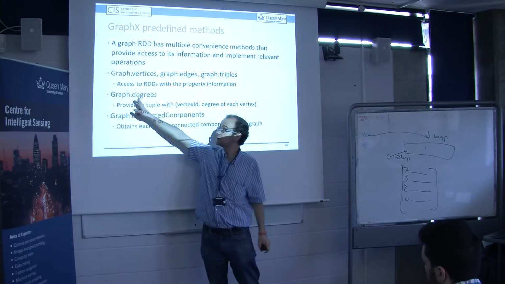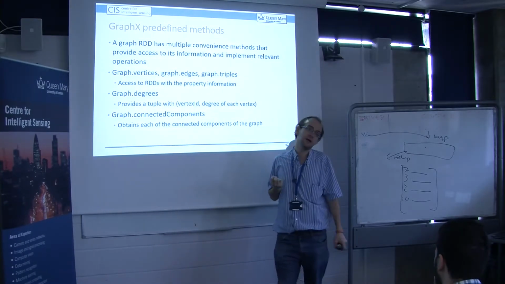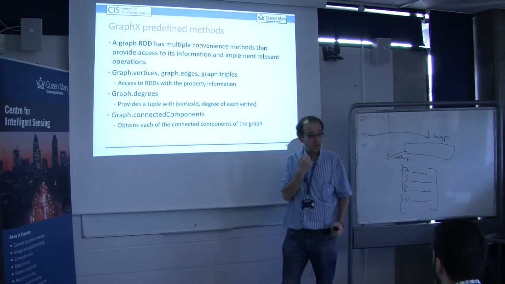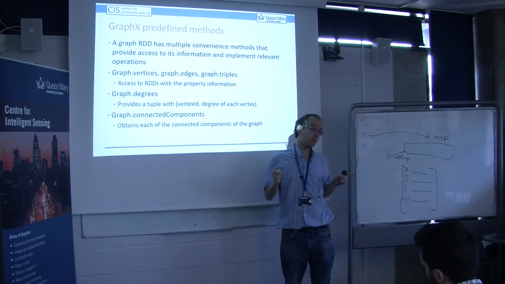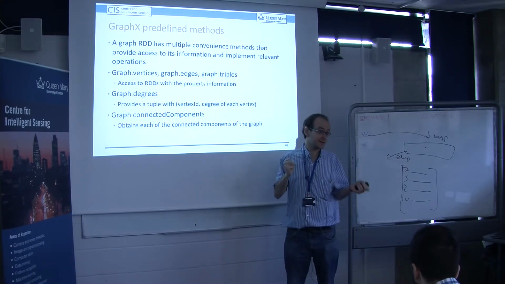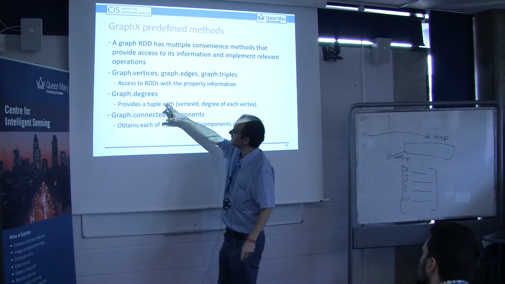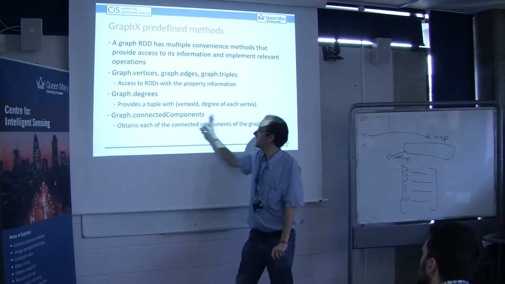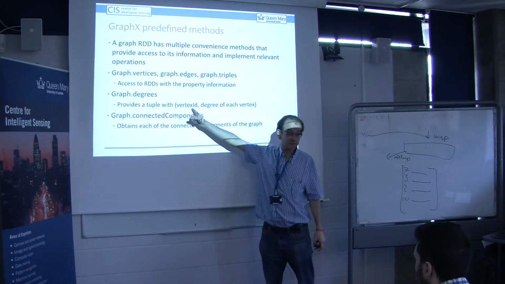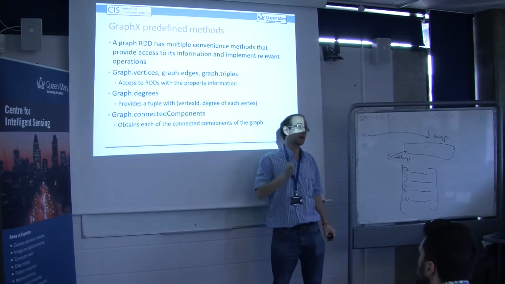We can also get something like the degree distribution of a graph. And then, if we want to do some initial analysis, for instance, of how interconnected the different elements of our structure are, the degrees method is going to return already for each one of the vertices of my system what is the degree that we have there.